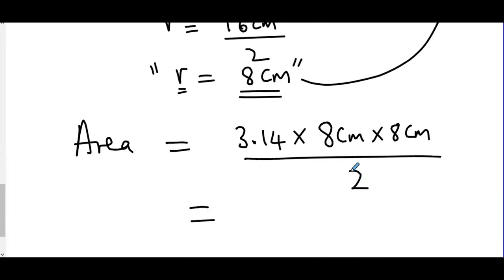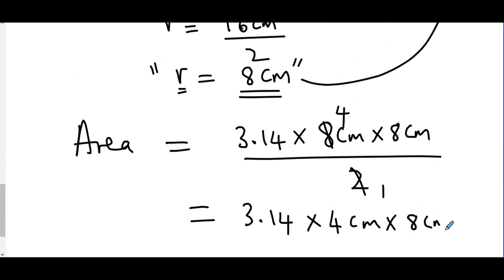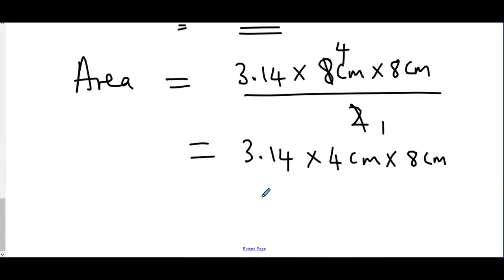Now, how do we do this? Cut this by 1, cut this by 4. Now, this will be 3.14 multiplied by 4 centimeter, multiplied by 8 centimeter. Now go ahead, take your calculator to save time and do for me what is 3.14 times 4 times 8.